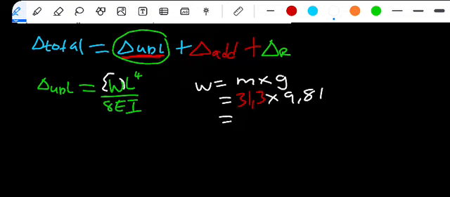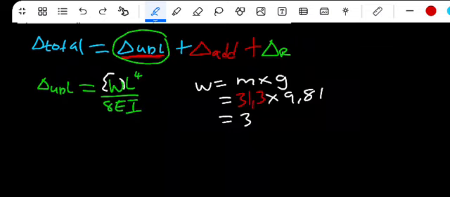All right, let me take my calculator a little bit. 13.3 times 9.81. Multiplying this, I will have 307.